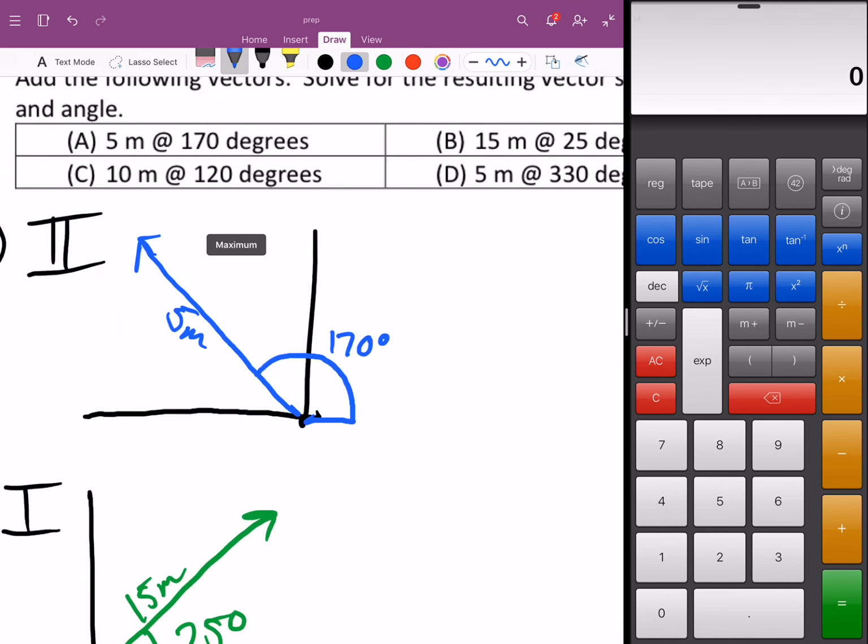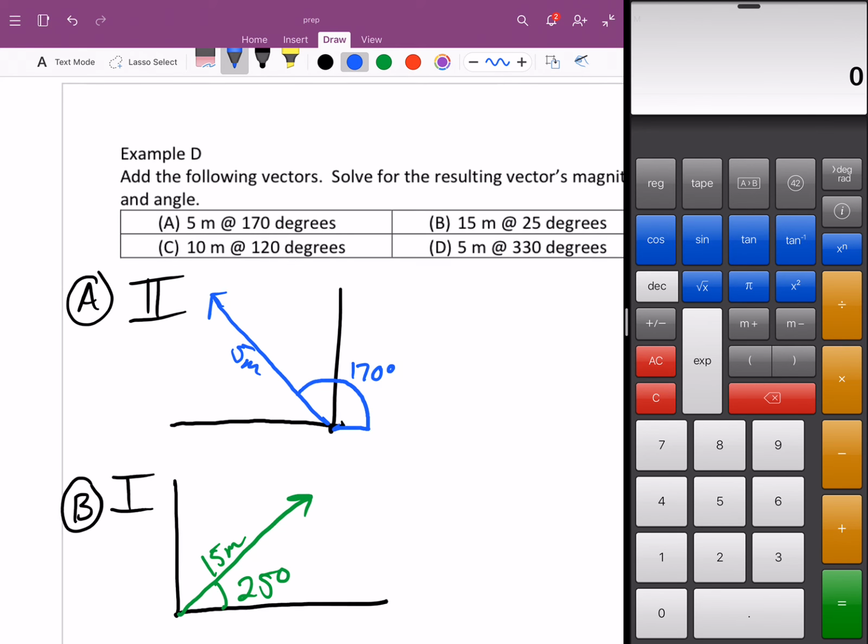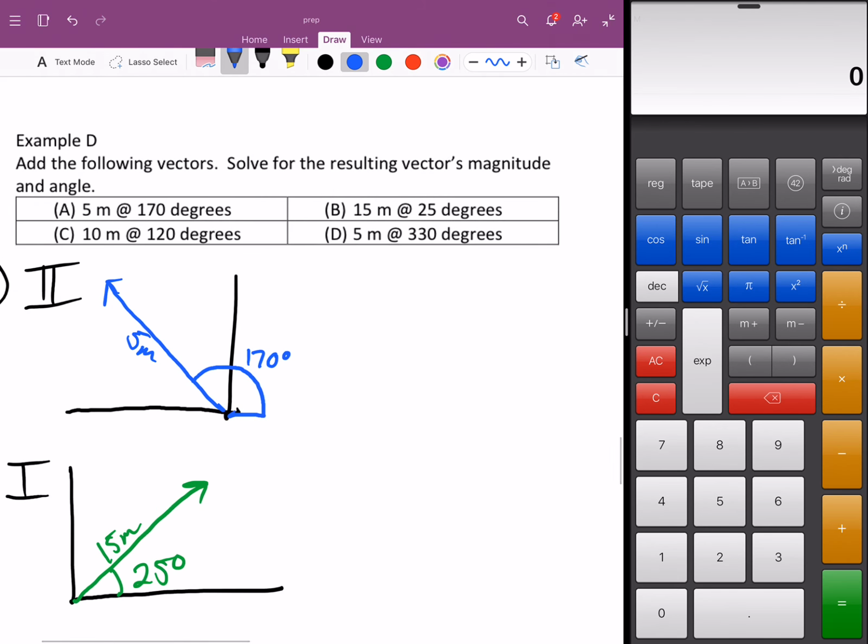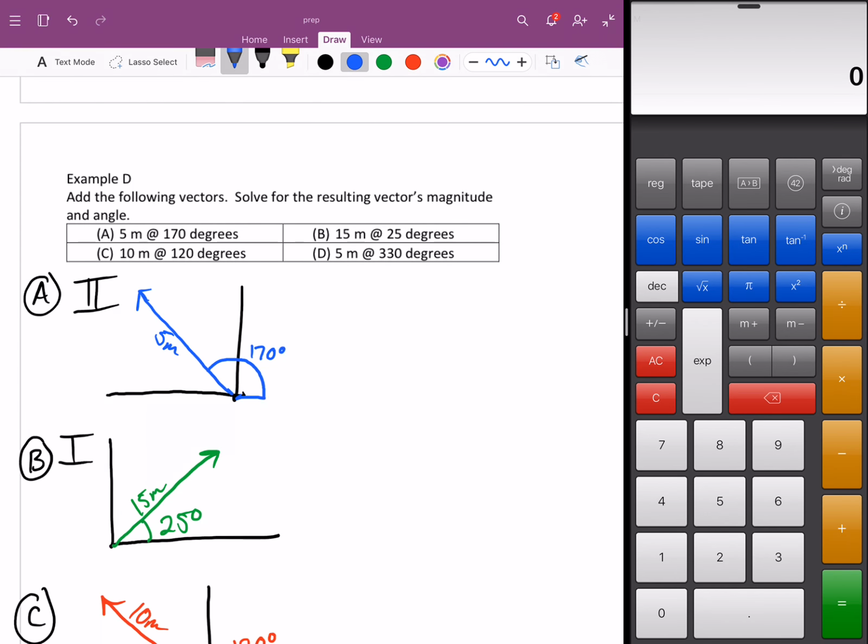So first, let's work with A. This example will take a while. AX, AY: 5 meters for the magnitude, cosine of 170, sine of 170 as well.